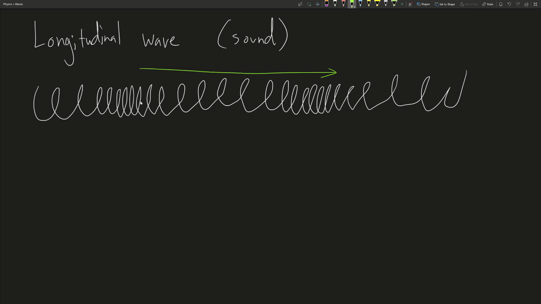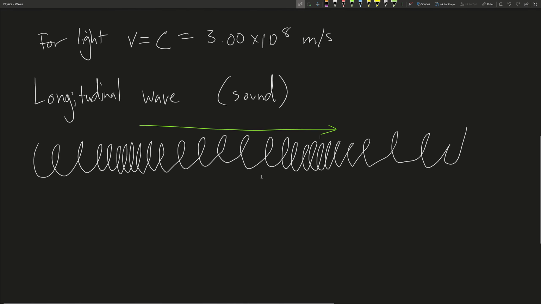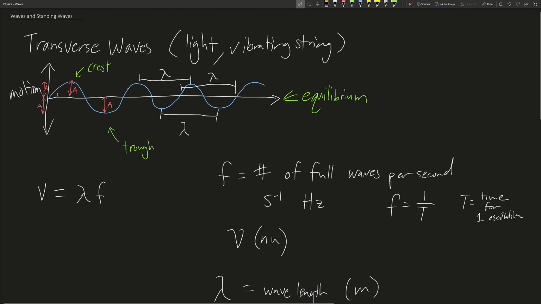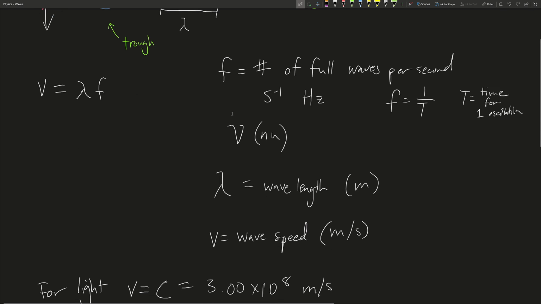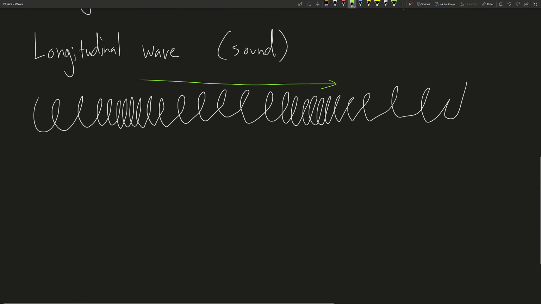These compressions will move in this direction, and they'll stay distanced the same amount apart. So it's compressions and rarefactions that are moving instead of crests and troughs. Places where the particles are closer together are called compressions, and places where it's stretched apart are rarefactions.